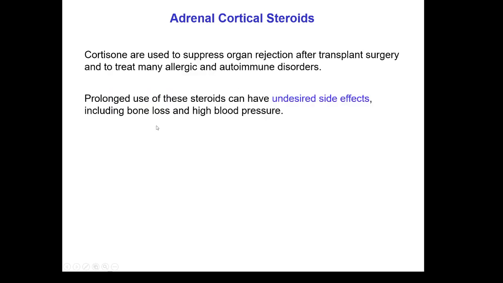So cortisone is used to suppress organ rejection after transplant surgery. It could be used to treat allergies and autoimmune disorders. But steroids have undesired side effects. Number one, bone loss over prolonged use, high blood pressure, overuse also.